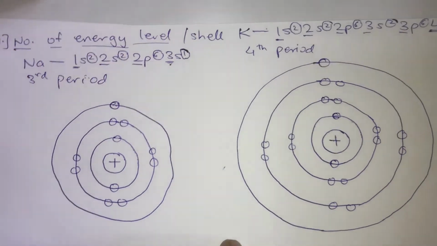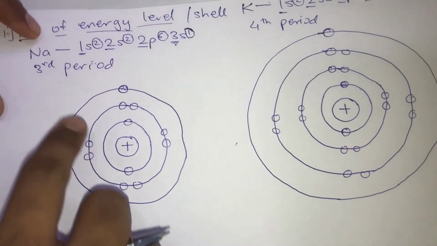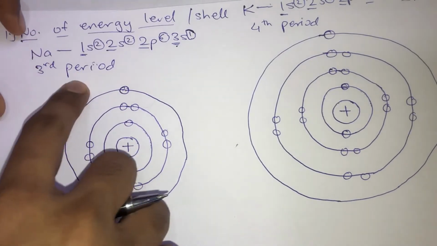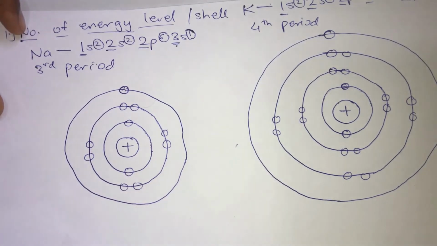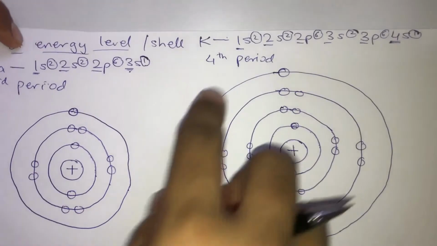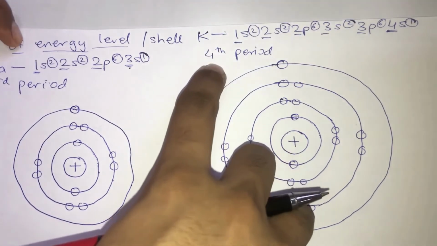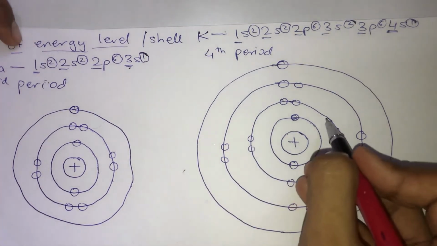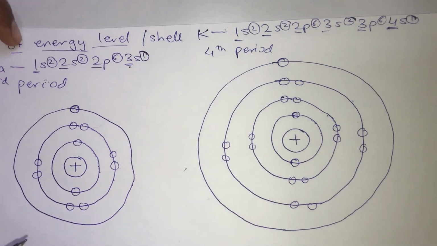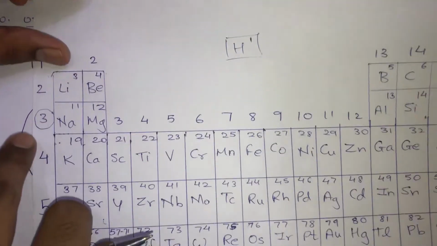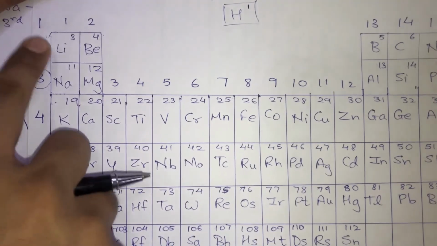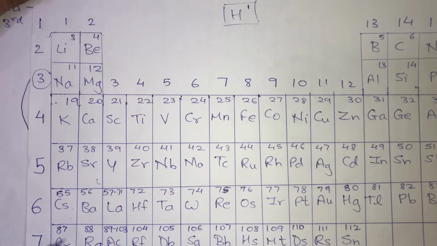Sodium is present in the third period, therefore it has 3 energy levels, whereas potassium, which is present in the fourth period, has 4 energy levels. So can I say, guys, the period number indicates how many energy levels are present inside an atom.